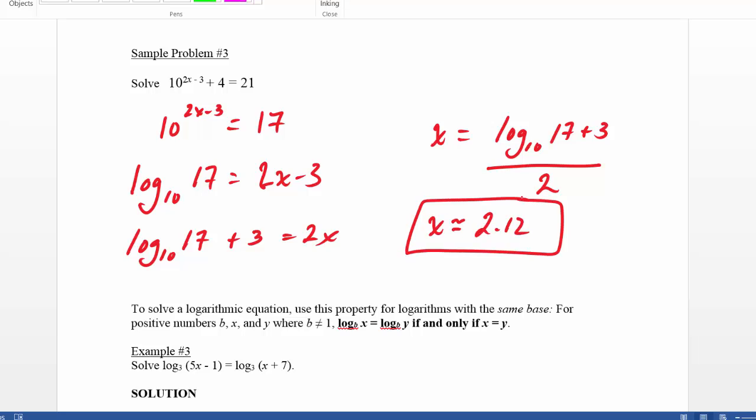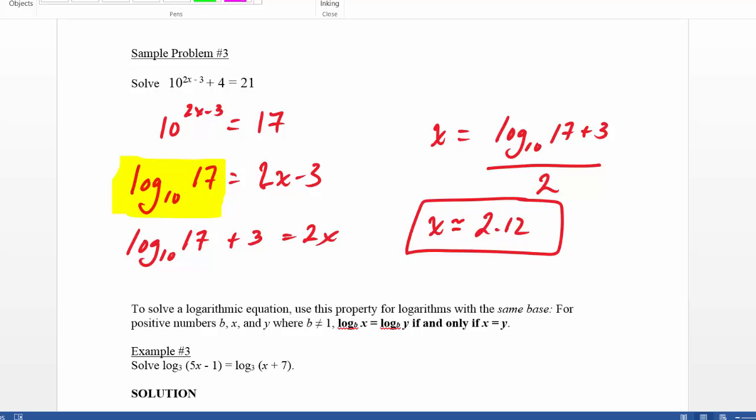So you could have gone all the way through and then just punched this final expression in your calculator at once, or if you'd like, you could have changed that to a decimal right off the bat and then just worked with a decimal.